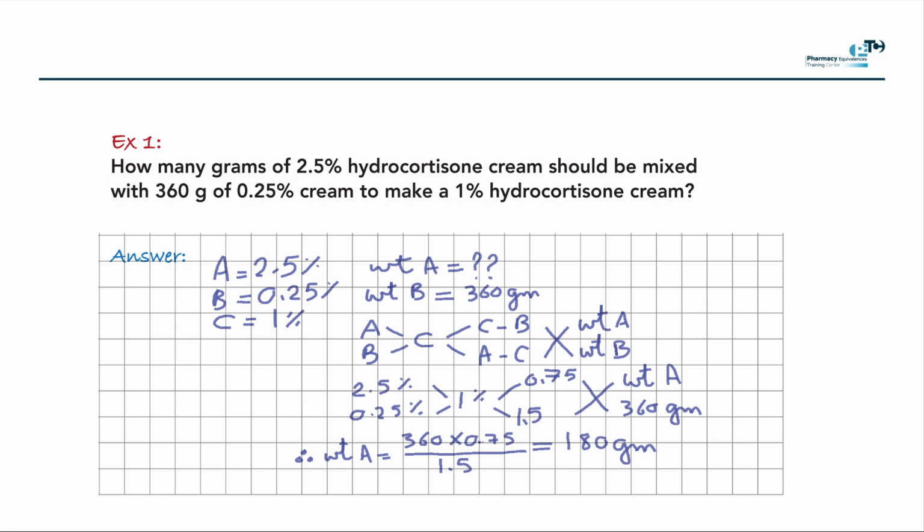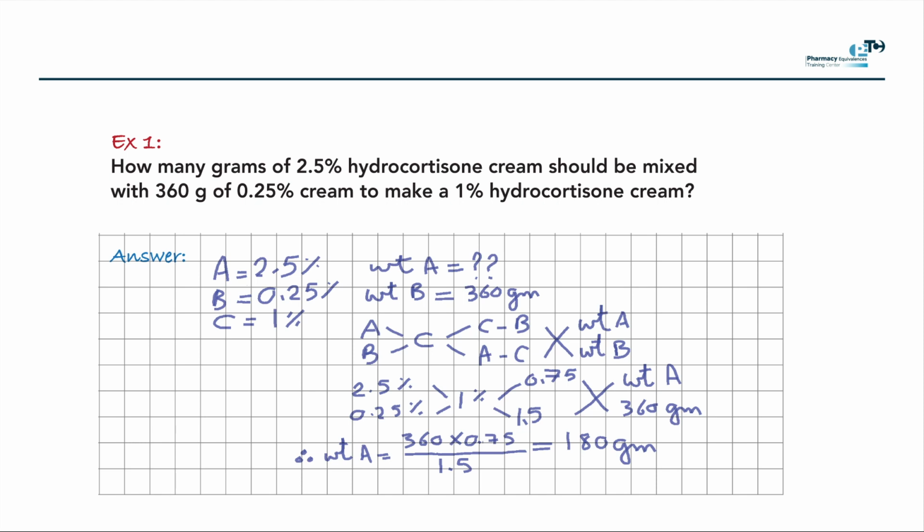Here we put each one in its place. A will be 2.5, B will be 0.25, and C will be 1%. And the second part of alligation is subtraction. 2.5 minus the final concentration will be 1.5, and 0.25 subtracted from 1 will give us 0.75.